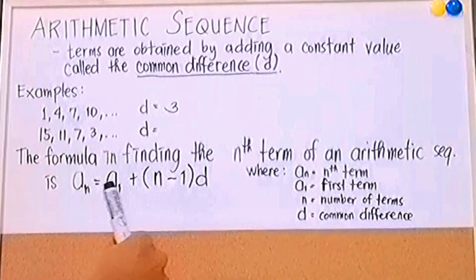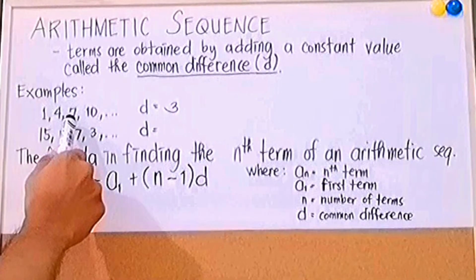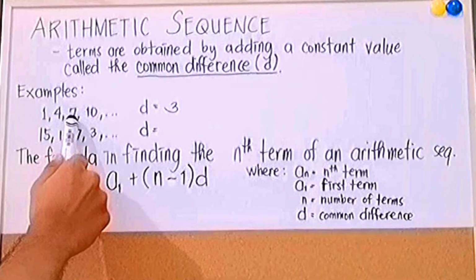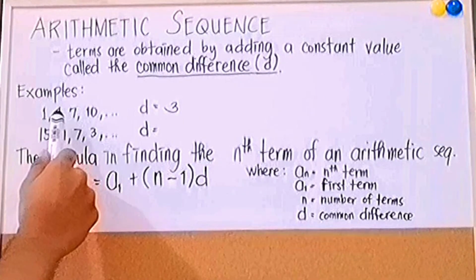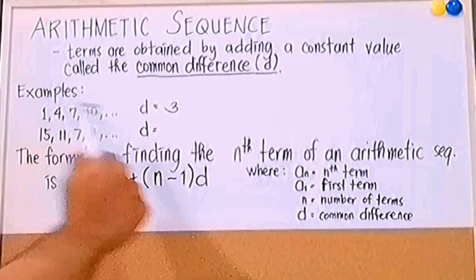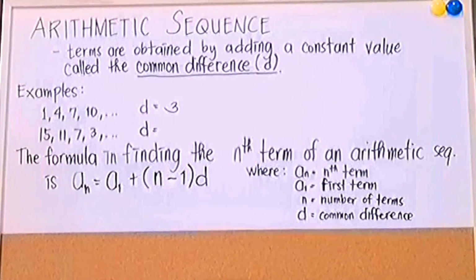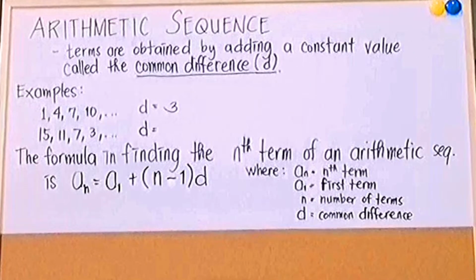And you can also check that with other terms. Just subtract the third term with the second term. 7 minus 4 is equal to 3, and so on and so forth. When you subtract those terms, it should have a common number. And that common number is the common difference.